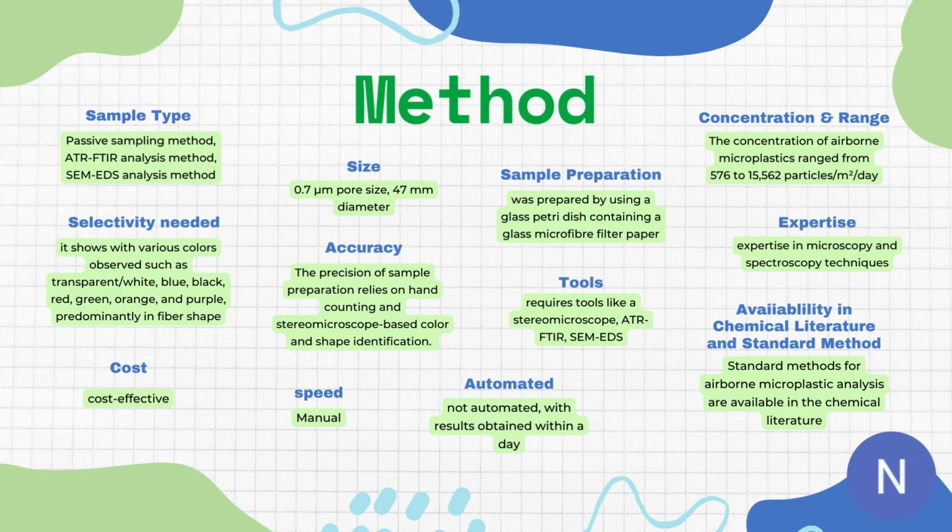For the concentration and range, the concentration of airborne microplastic ranges from 576 to 15,562 particles per meter square per day.